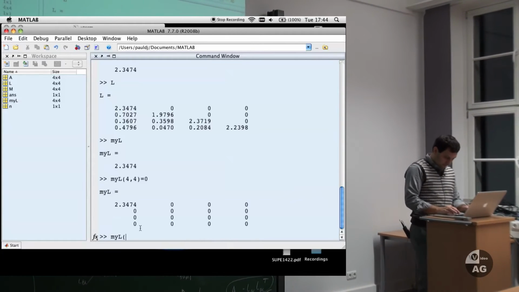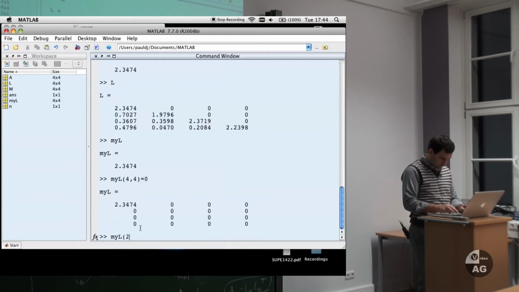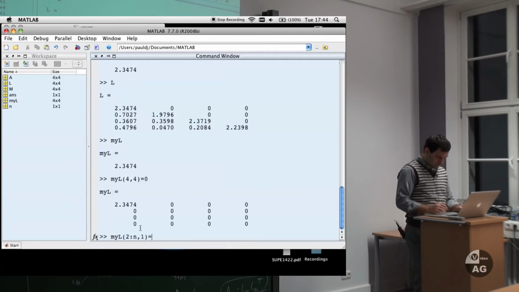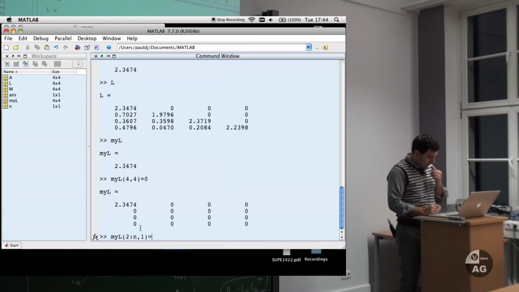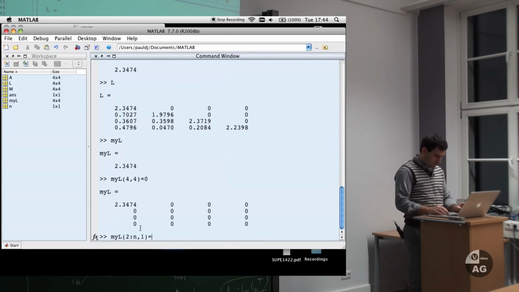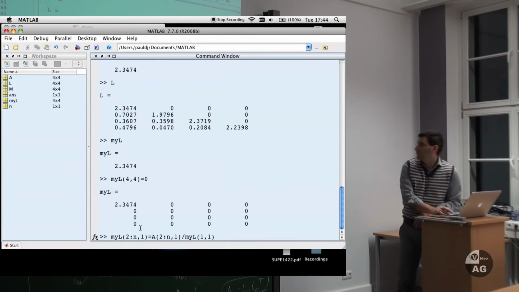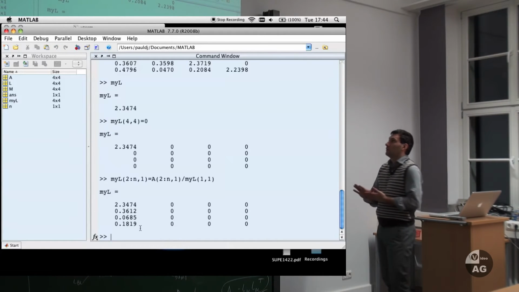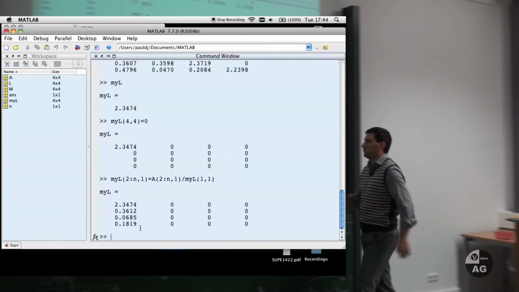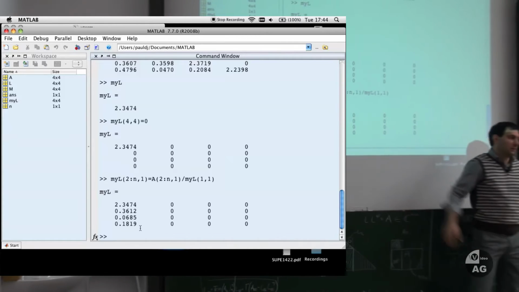Suggestions? The same index divided by L11. Yes, okay, I agree with you. And we have a first column of the solution.